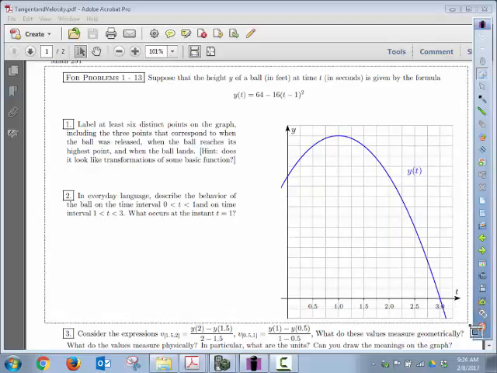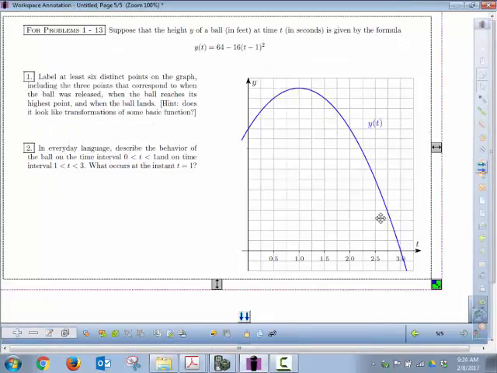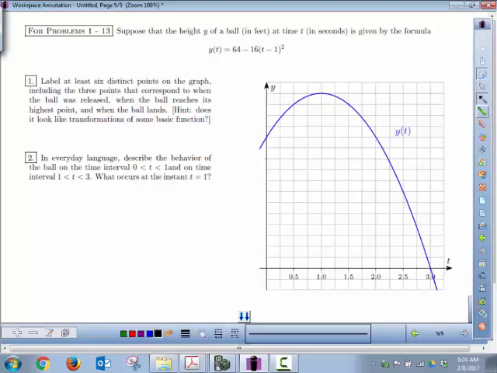So here's your function and the graph of your function. They're asking us to label 6 distinct points on the graph, including 3 points that correspond to when the ball was released, when the ball reaches the highest point, and when the ball lands. I'll just mark the 3 points they're asking for. The ball was released at time equal to 0.